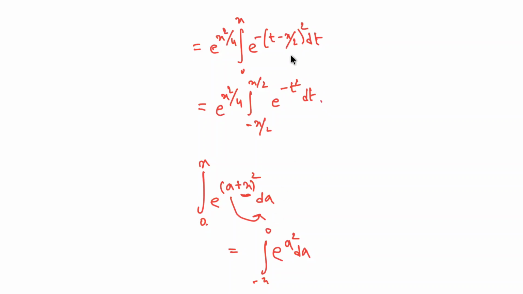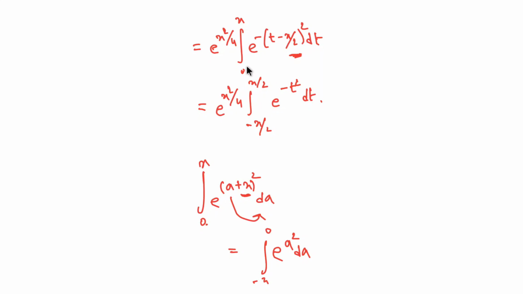So basically I have taken this x by 2 out, but because it is a square term, I cannot take that out directly, isn't it? Because it's in the square. So I have used that property: if I take this term out, I need to modify the limits. I have taken the x by 2 term out completely, so I must change the integral's limits. 0 is reduced by x by 2, so it becomes minus x by 2, and x is reduced by x by 2, so it becomes x by 2, isn't it?